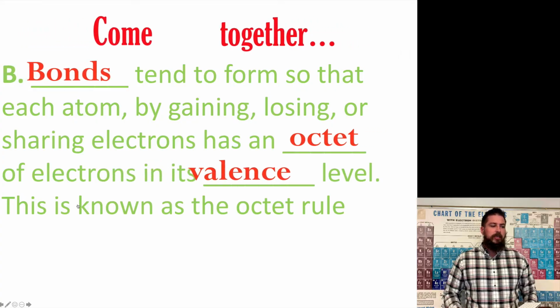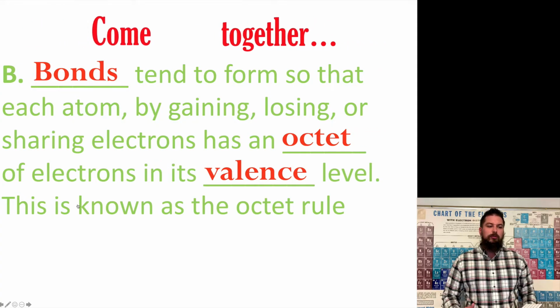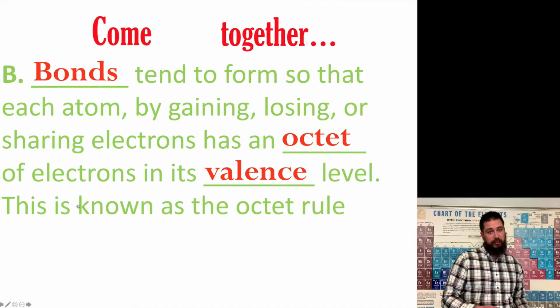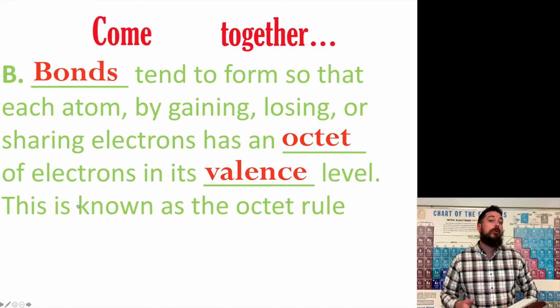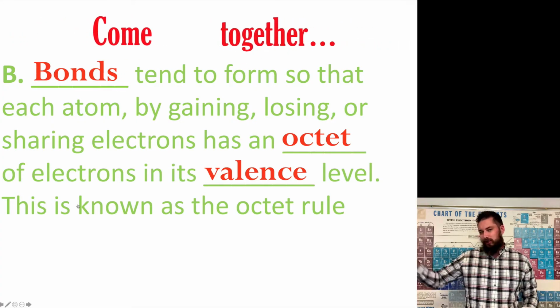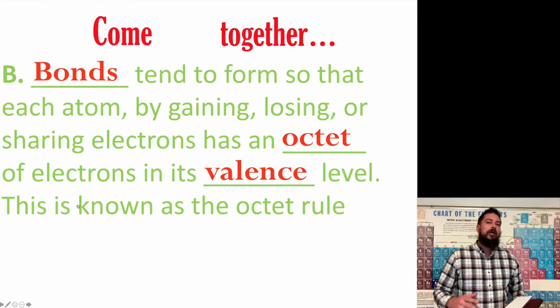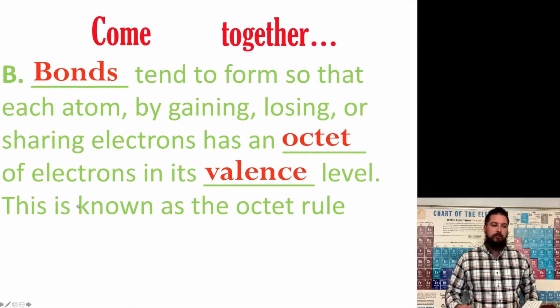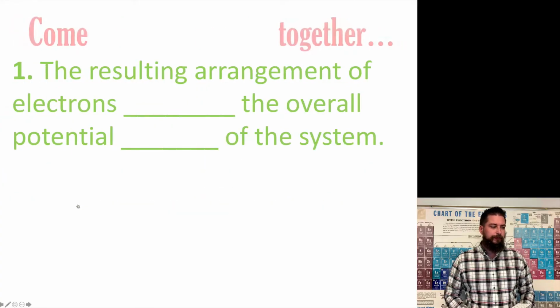Something to keep in mind, bonds tend to form so that each atom will gain a full octet, and they'll do that by either losing electrons, gaining electrons, or sharing electrons. We'll talk about sharing electrons in a future video. Again, the whole goal of atoms is to gain 8 valence electrons, and so they will form bonds to do that.